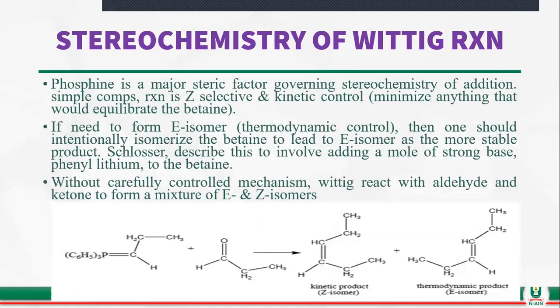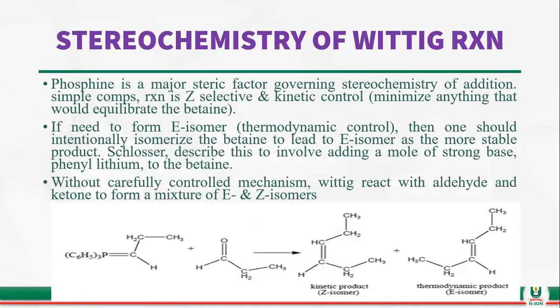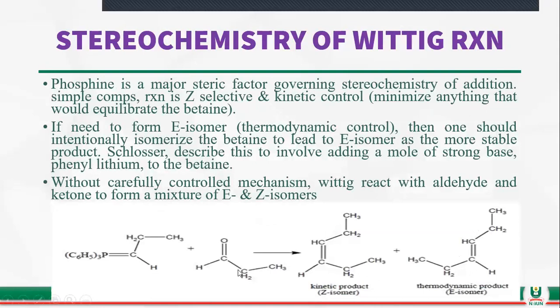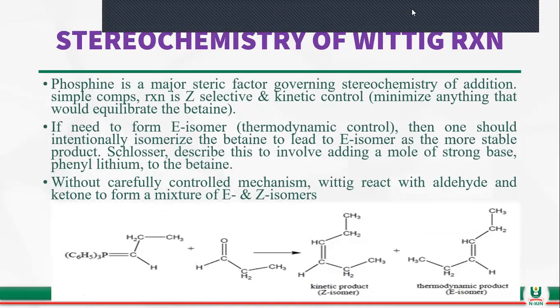Stereochemistry of Wittig reaction. Phosphine is a major steric factor governing stereochemistry of the addition. If you remember your phosphine, the phosphorus has 3 benzene rings, and as big as they are, they create bulkiness around that phosphorus, and therefore there will be steric hindrance there. You can see an example of what we are saying in the structure below.